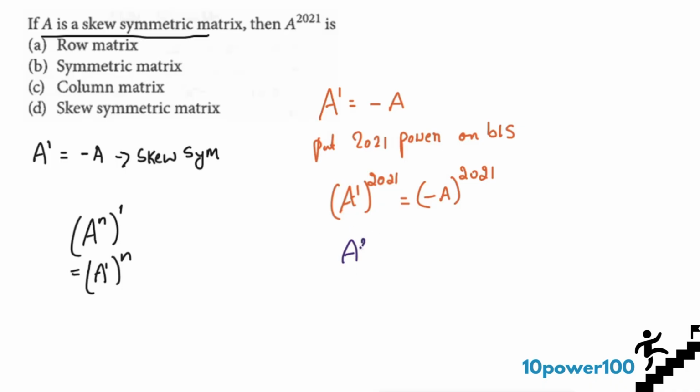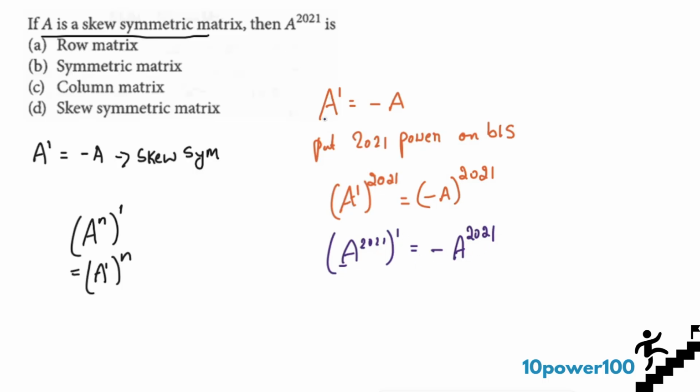So A power 2021 the whole dash is equal to what is minus A power 2021, children? You end up getting the negative sign only, because the power is an odd number. So you get minus of A power 2021. Correct? Now look at this. A power 2021 the whole dash is equal to minus A power 2021.